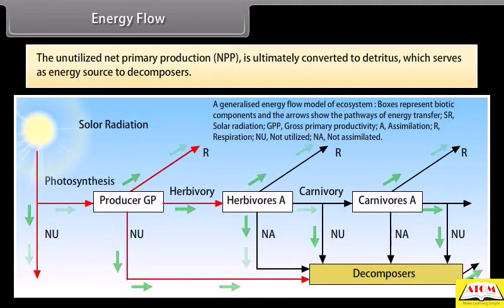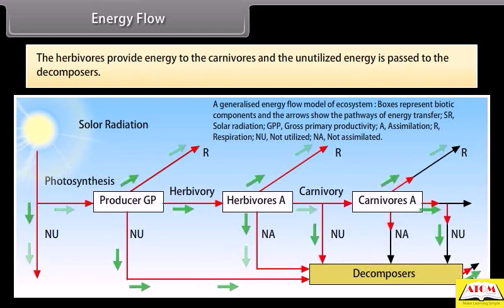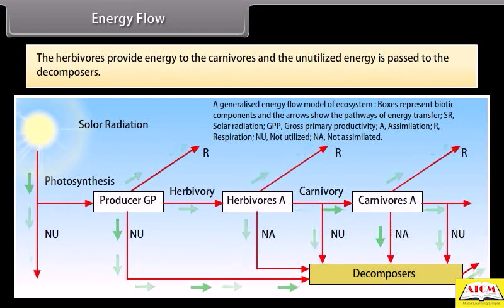The unutilized net primary production (NPP) is ultimately converted to detritus, which serves as energy source to decomposers. The herbivores provide energy to the carnivores, and the unutilized energy is passed to the decomposers.